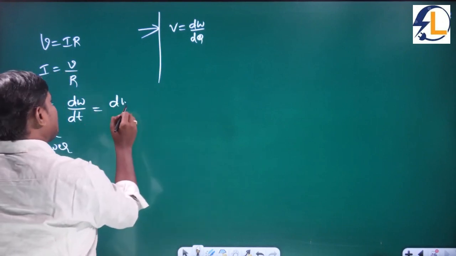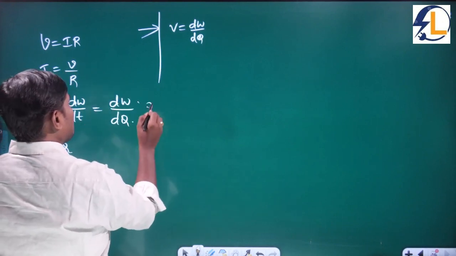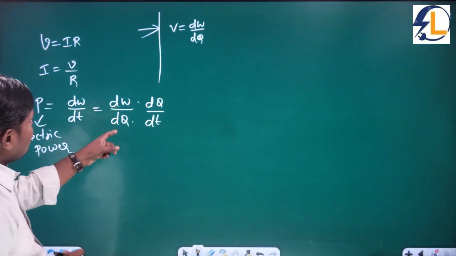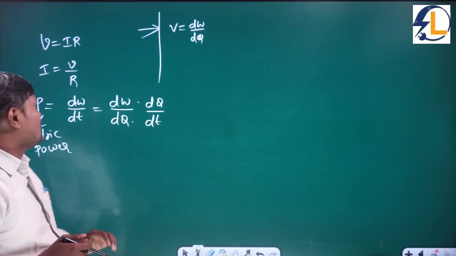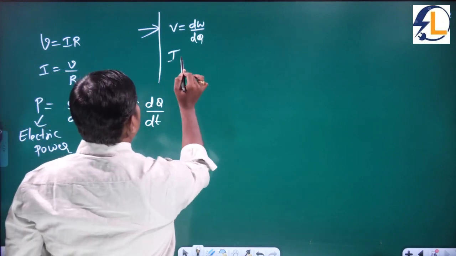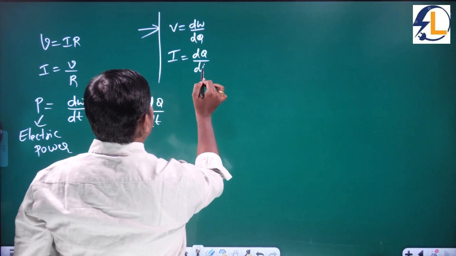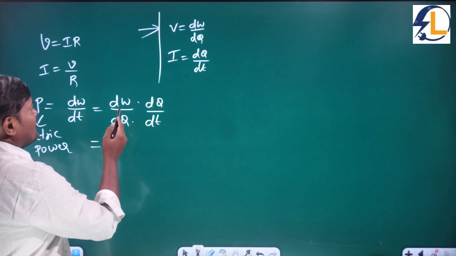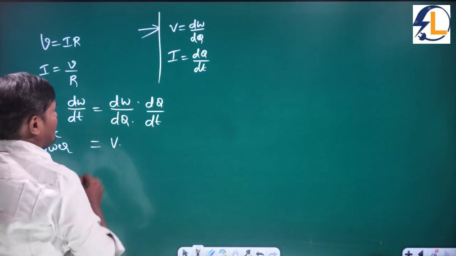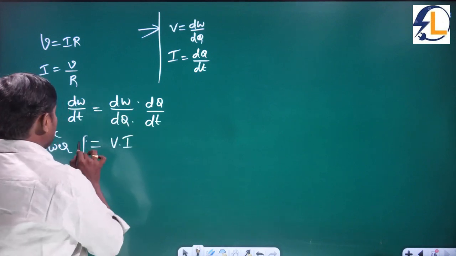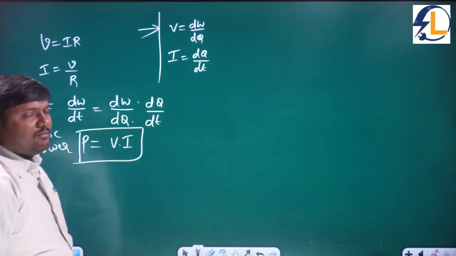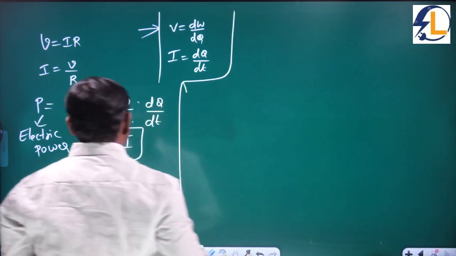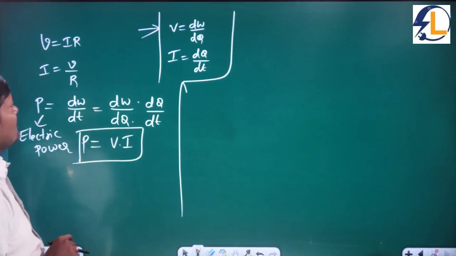You can write it as dW by dQ into dQ by dt, divided with dQ and multiplied with dQ. So what is I? I is equal to dQ by dt. And dW by dQ is called V and dQ by dt is called I, where the power is equal to the product of voltage into current.